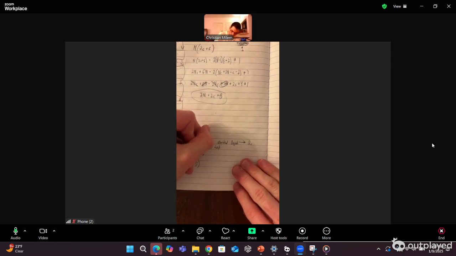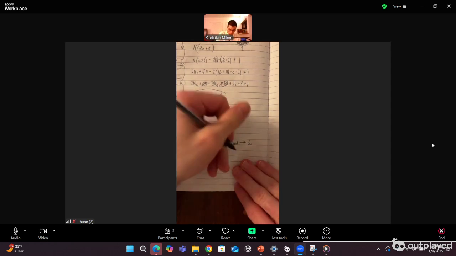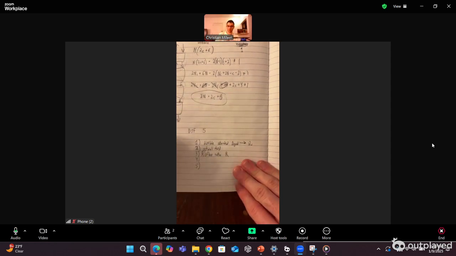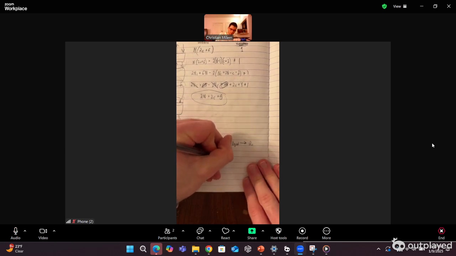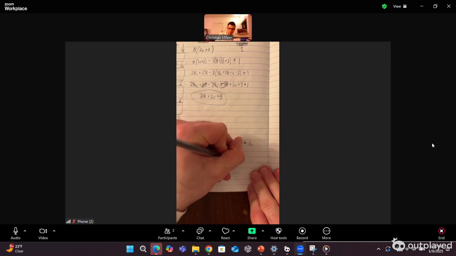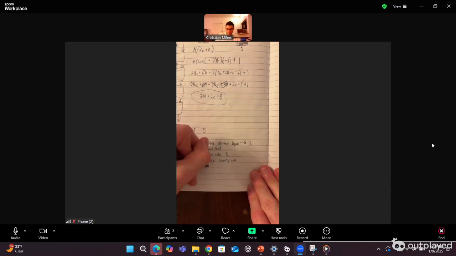Third, we specify the reflux ratio, so our R. And then for 4 and 5, we specify the light key recovery rate, and then the high key recovery rate.